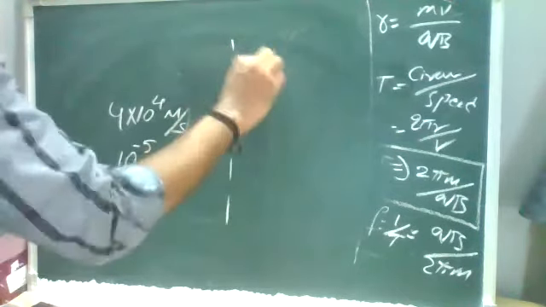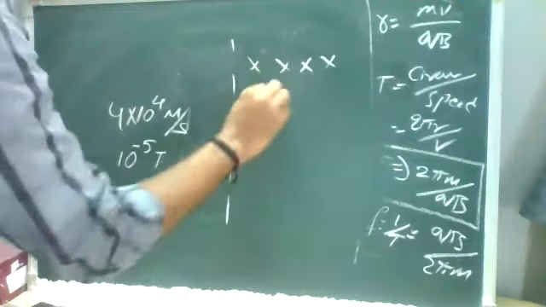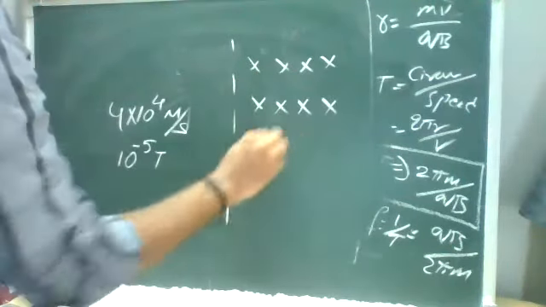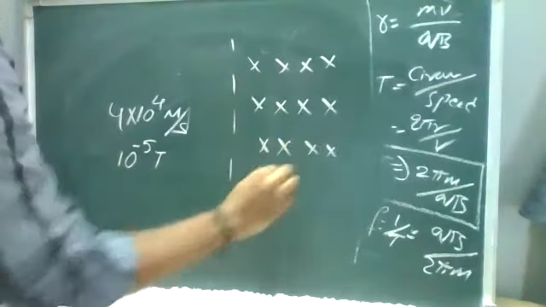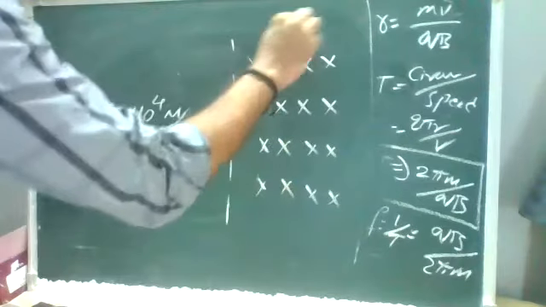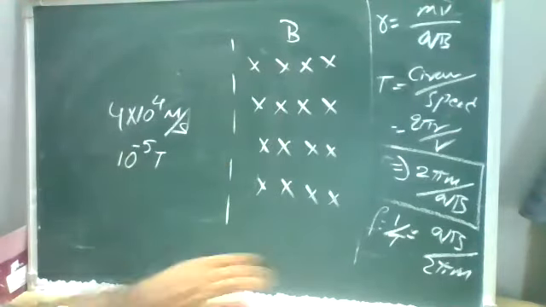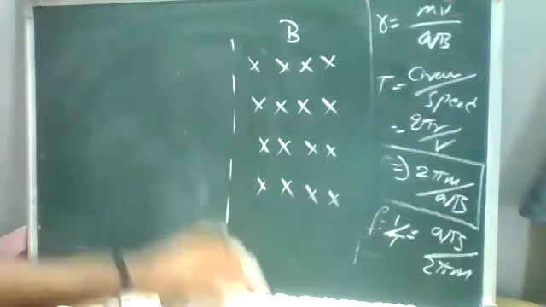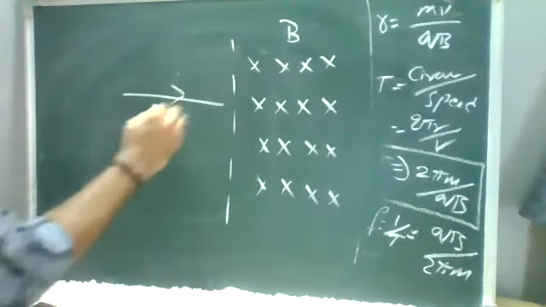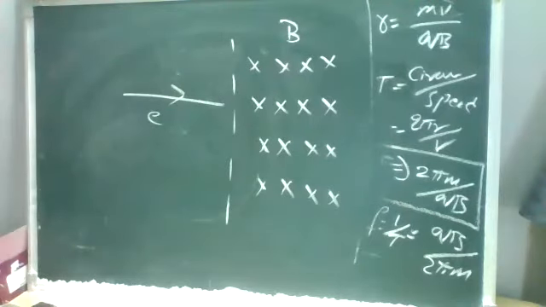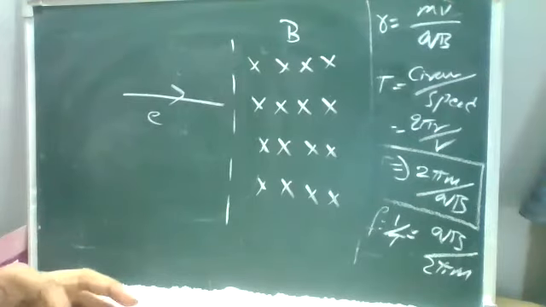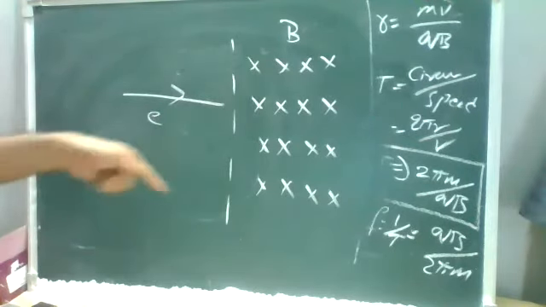So this is your magnetic field, and there is an electron which is entering here. This is your electron. We need to find the time period and the path it was traveling.